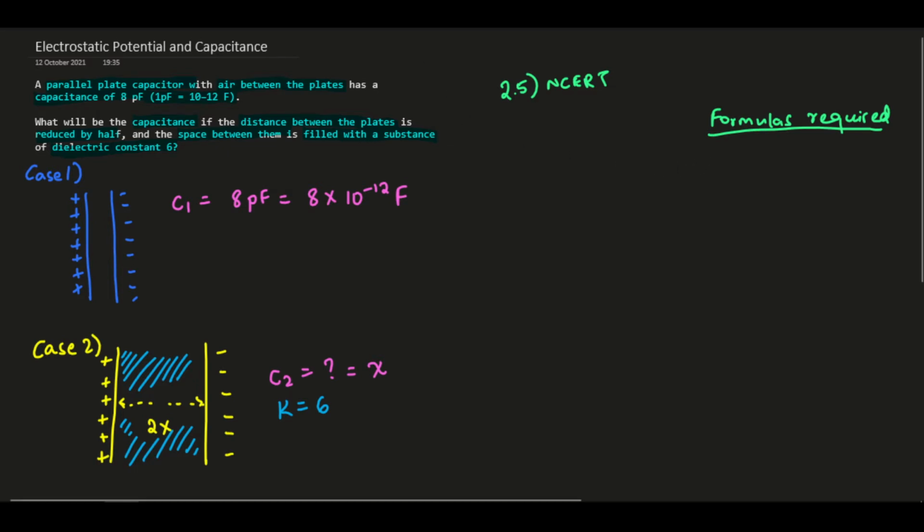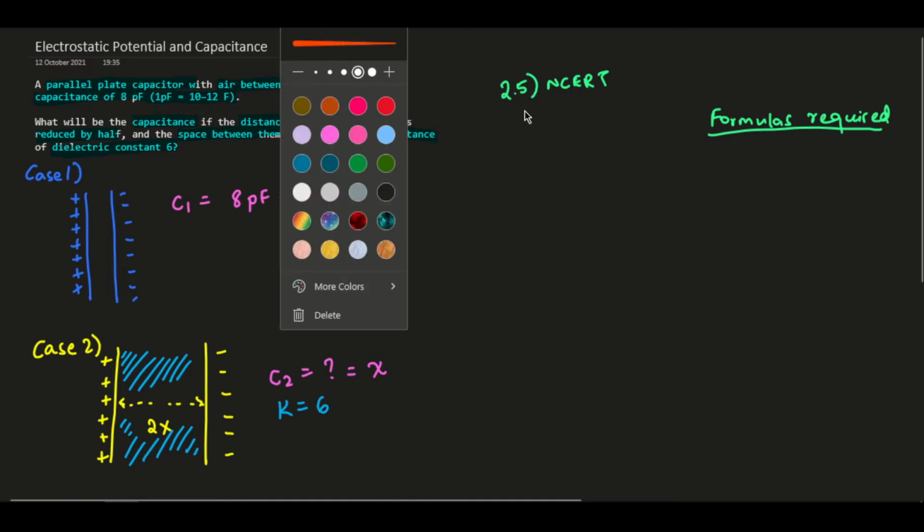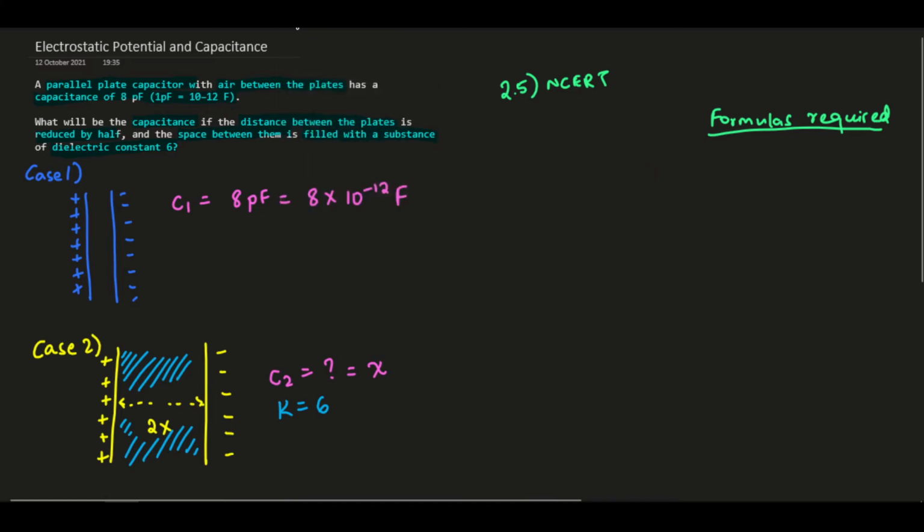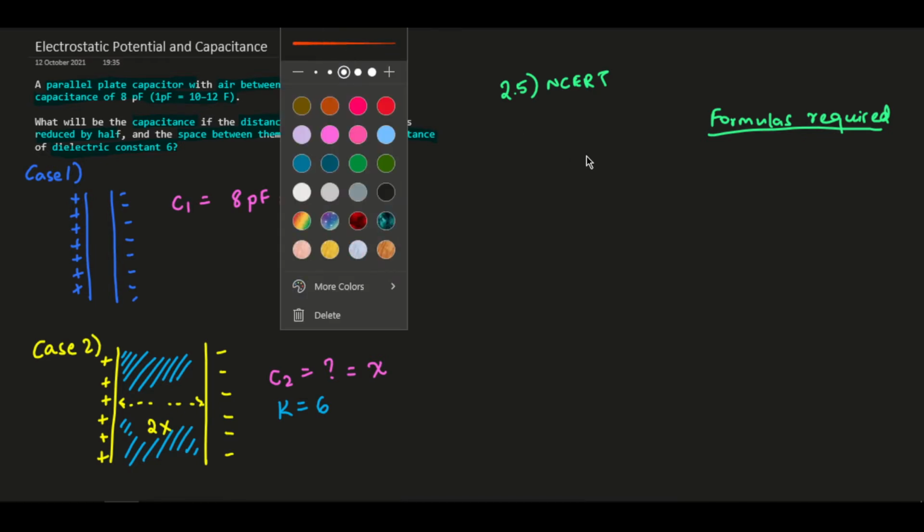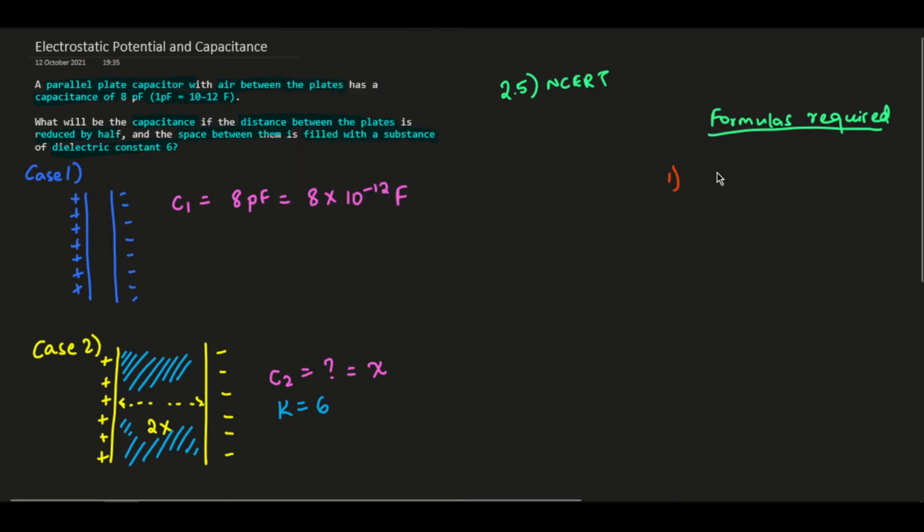Number 1, we need the formula for the capacitance of a parallel plate capacitor, and that will be equal to epsilon naught A by d.